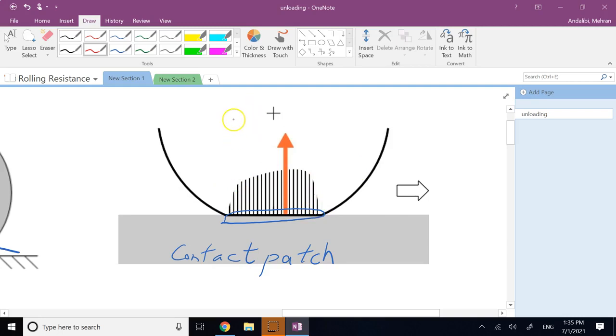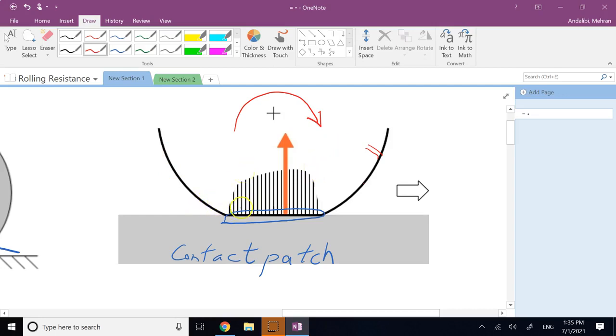So here the tire is moving like this. It is going clockwise, it is moving forward. And in this area where the rubber comes into contact with the ground first, you have a little bit higher pressure than in the back area where the patch is released and is unloaded.